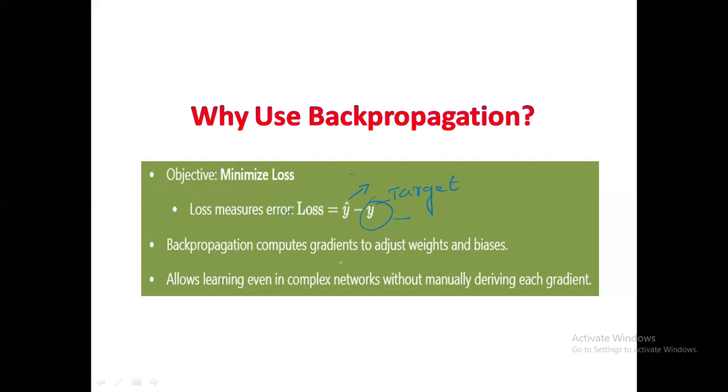Backpropagation automates the process of finding the gradient of this loss with respect to each weight and bias in the network. This means we don't have to manually calculate how each parameter influences the output. It enables scalable and effective learning for networks of any depth and complexity by using simple local computations.